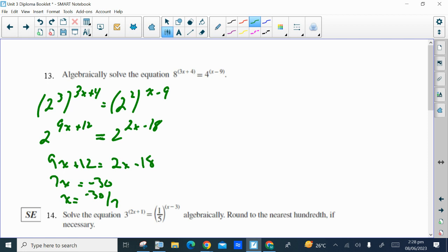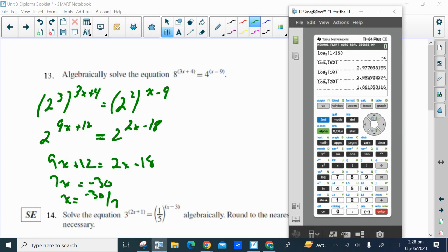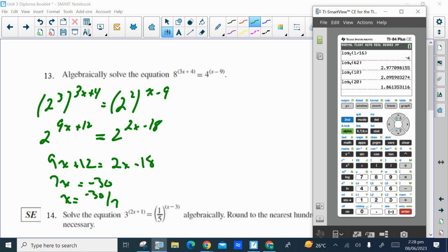There's the answer, which you can always check. -30/7 is that decimal. If we put these equations in our calculator, 8 to the power 3x plus 4 and 4 to the power x minus 9, Zoom 6, set our windows to their standard settings, and find the point of intersection.